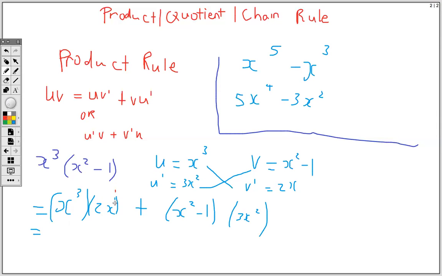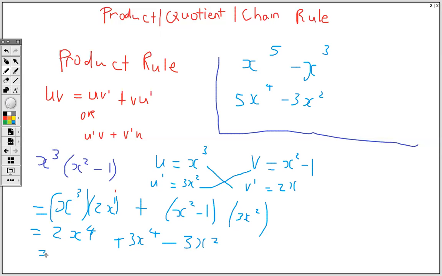Now from indices, we know that we have a power 1 here, so we add the powers when we multiply. So we have 2x to the fourth. Then multiplying 3x squared times x squared gives you plus 3x to the fourth. Then minus 1 times 3x squared gives you minus 3x squared.